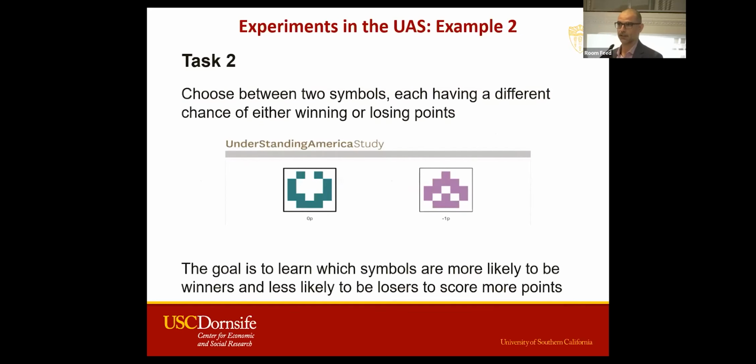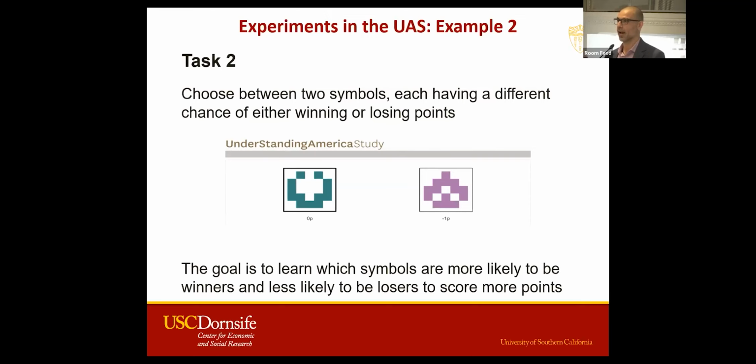The second part of this task was a learning task. In this case, people go through a learning phase where they see pairs of symbols. Each symbol can win some points or can lose some points. The interesting thing is that the same symbol can be a winner against one symbol and a loser against another symbol. So the task here is a learning task. You go through a long series of learning pairs.